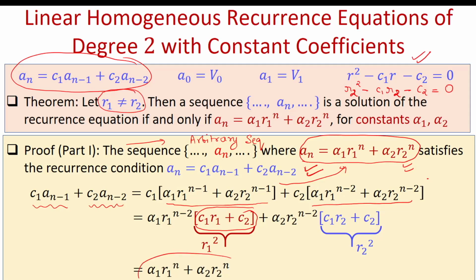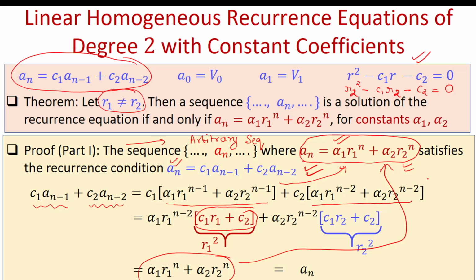And what is this? This is nothing but the nth term of the arbitrary sequence. And we have proved part 1, right? So we have shown that you take any arbitrary sequence, if its nth term is of this form, then definitely that satisfies the recurrence condition.